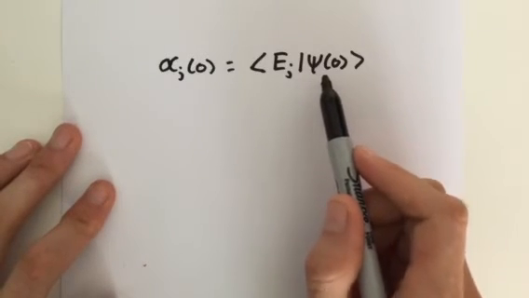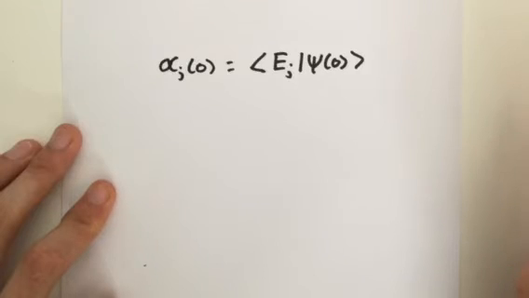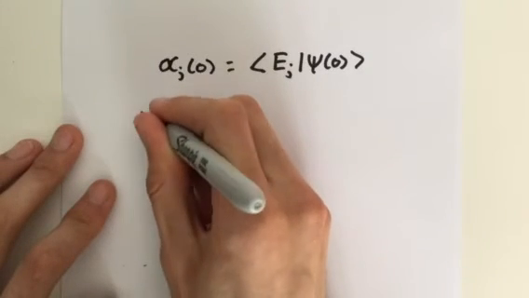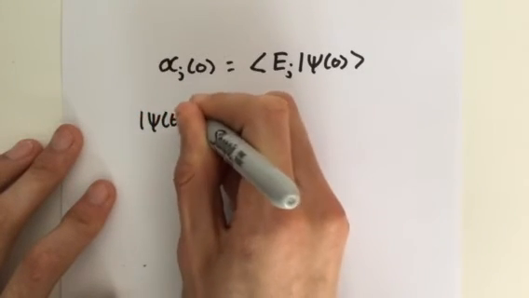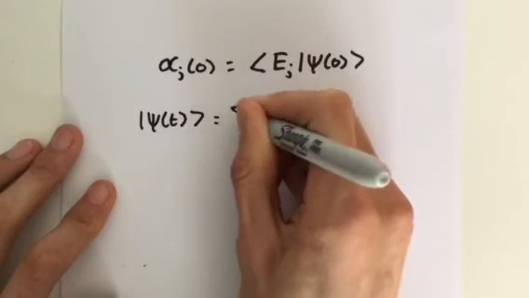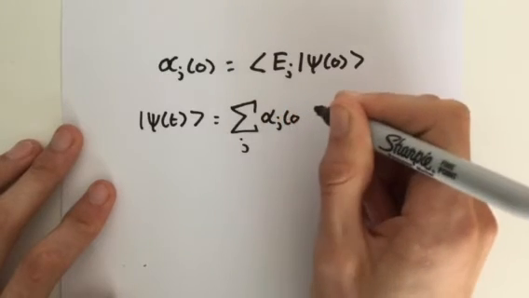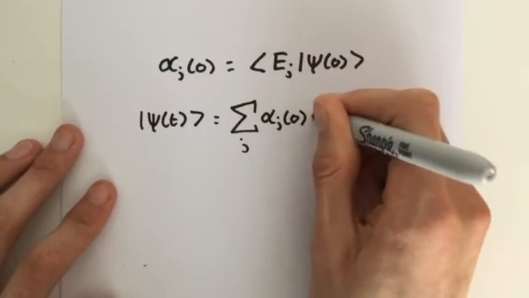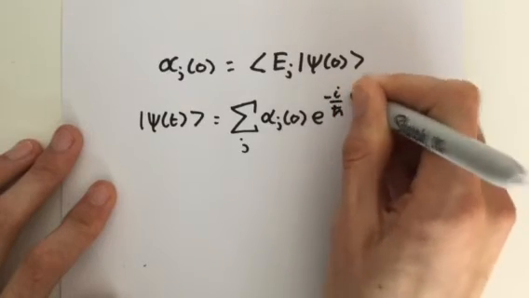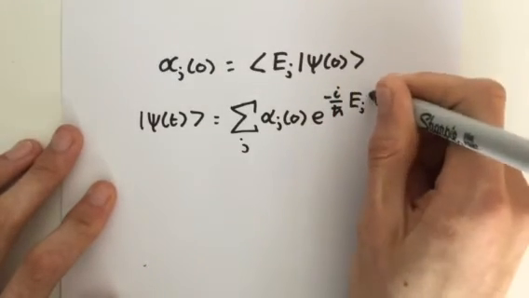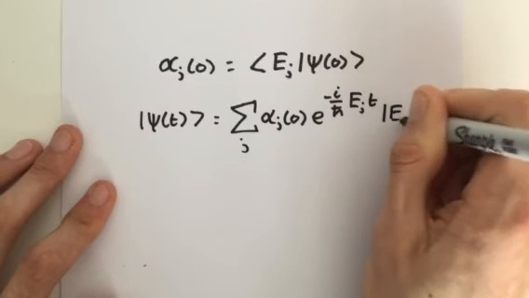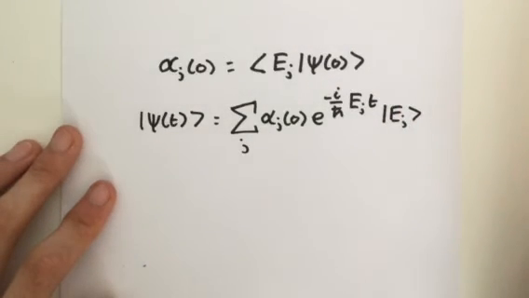Now let's put the whole thing together and write the full solution to the time-dependent Schrödinger equation. We're going to get psi(t) is equal to the sum over j of alpha_j(0) times e to the minus i over h bar E_j t, and we multiply that by E_j.